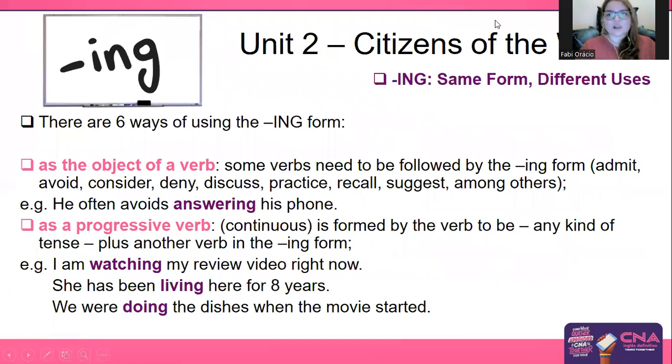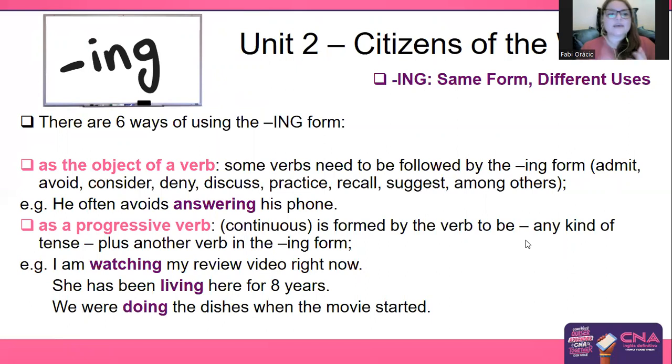Unit 2, we saw lots and lots of ing. Same form, different uses. There are 6 ways of using the ing form. First, as the object of a verb. Some verbs need to be followed by the ing form.